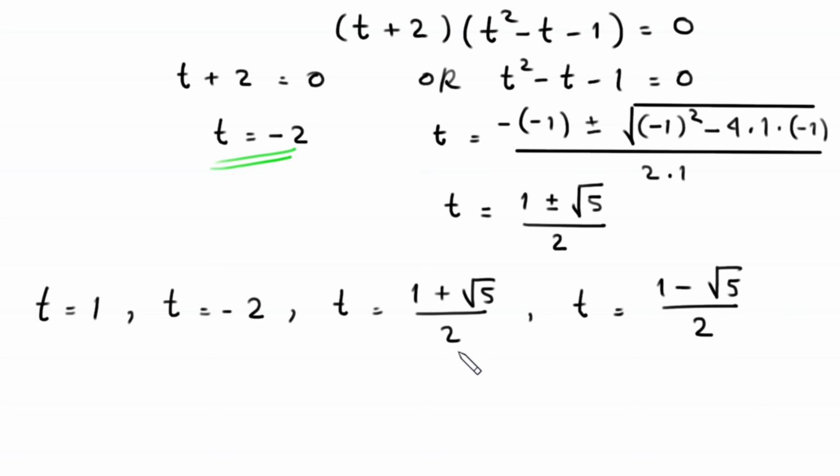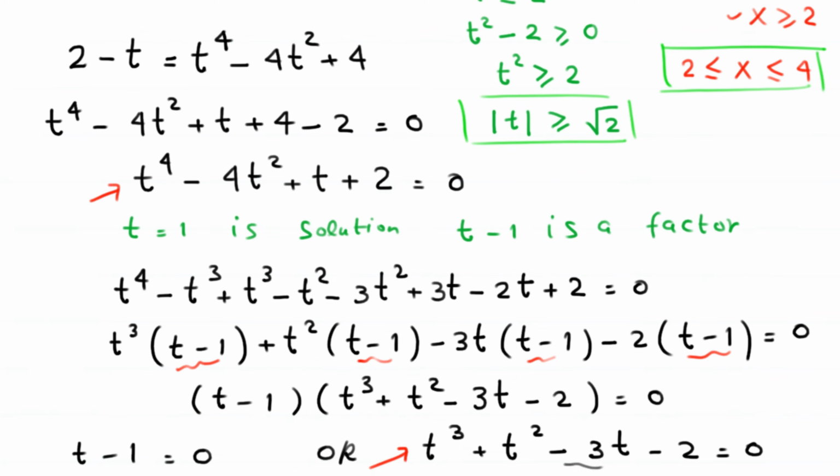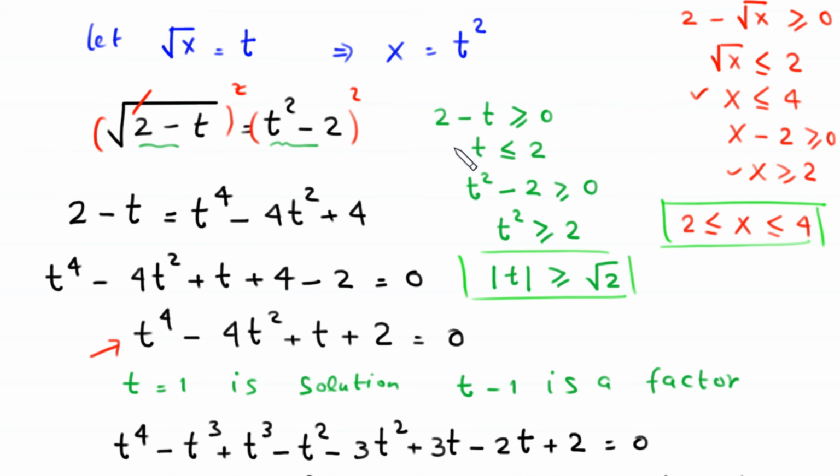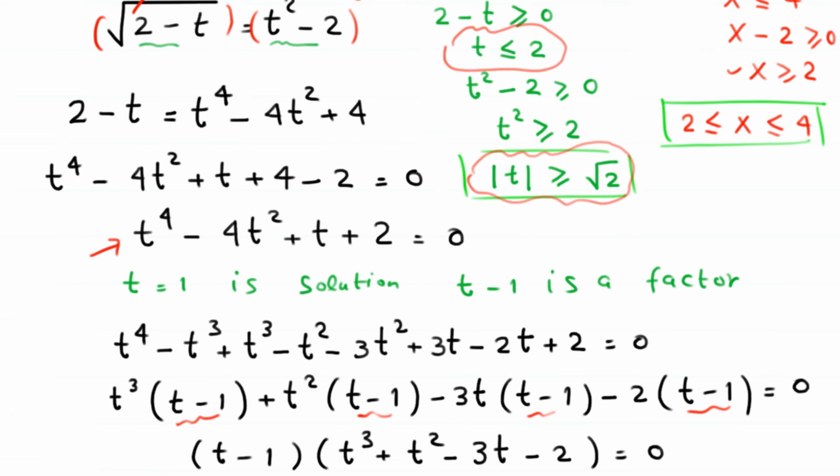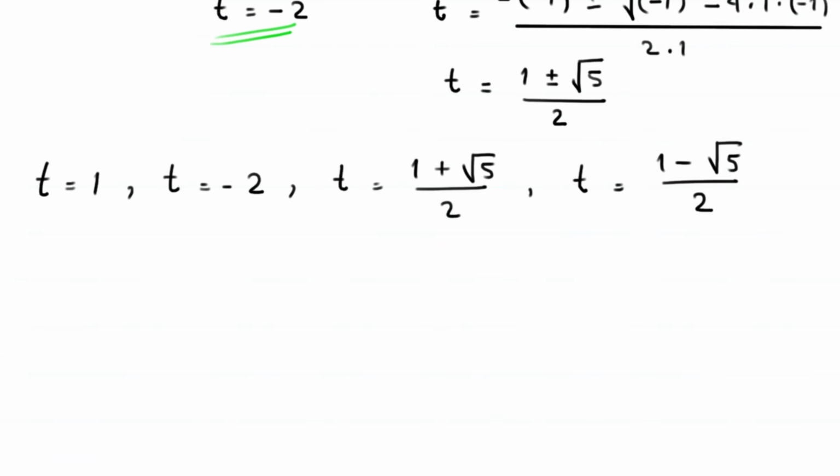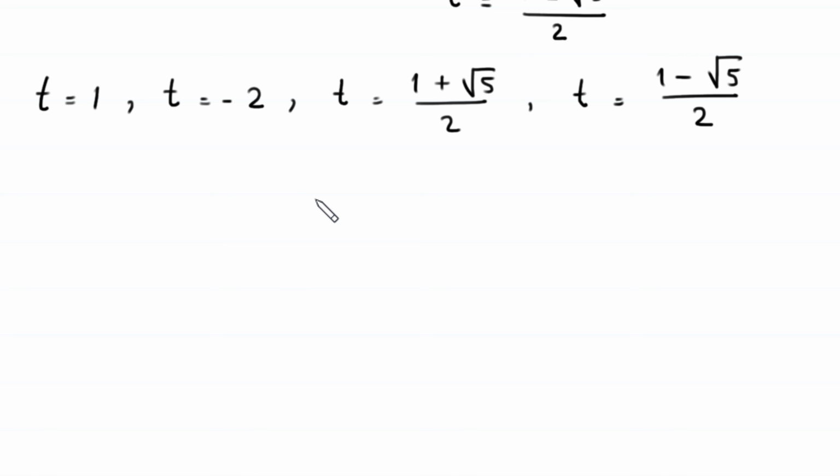Now to remove invalid solutions for t, we use the domain. The domain for t is t must be less than or equal to 2, and the absolute value of t must be greater than or equal to root 2, and root 2 is approximately equal to 1.414.